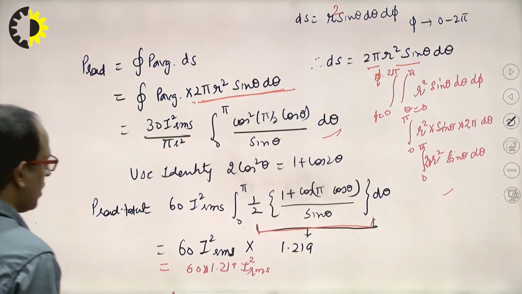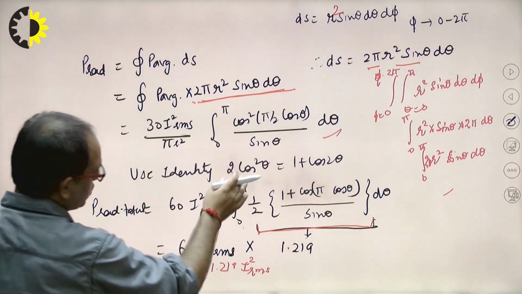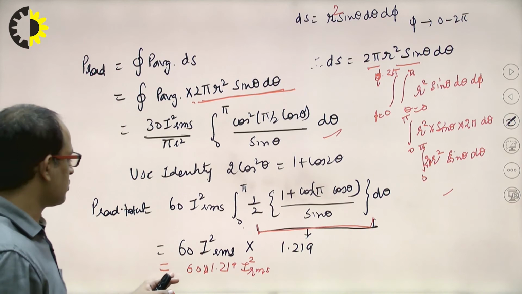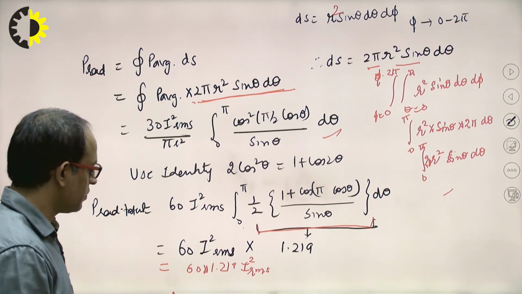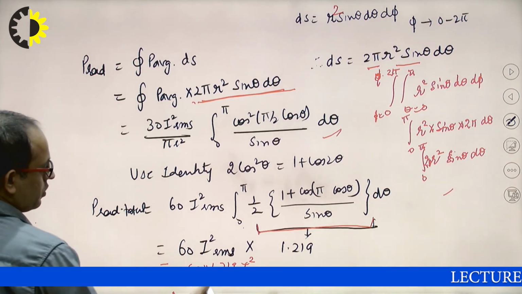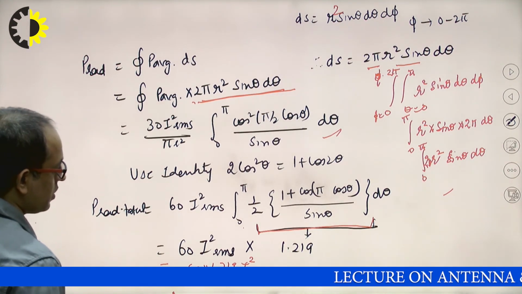Clear? Now see, on just putting this value, 2 cos squared theta equals 1 plus cos 2 theta, you will get the total power radiated, that comes out to be 60 multiplied by 1.219 I squared RMS.